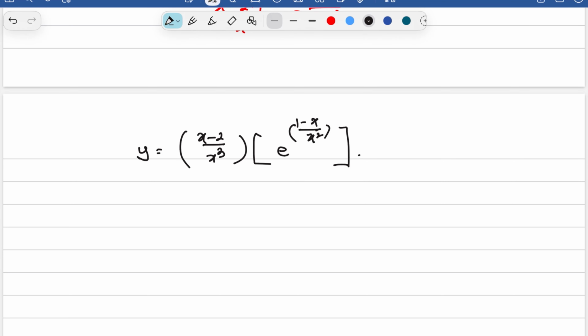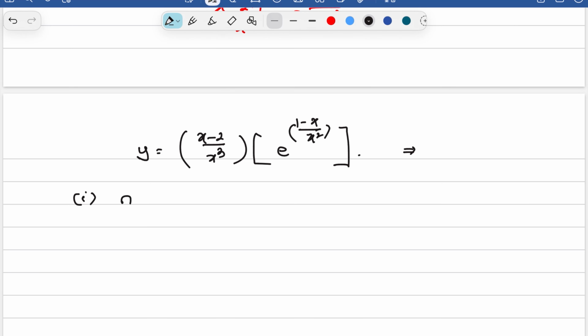This function is undefined. Let us see this function, or y is equal to function x. What are the observations we can make?